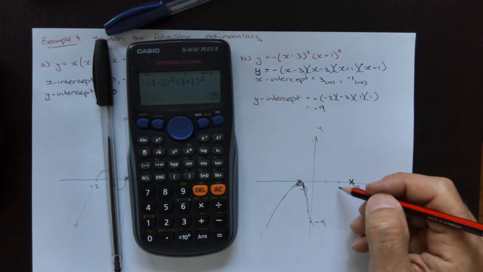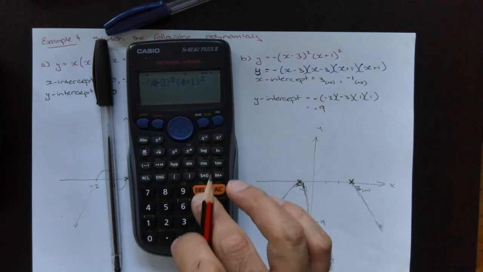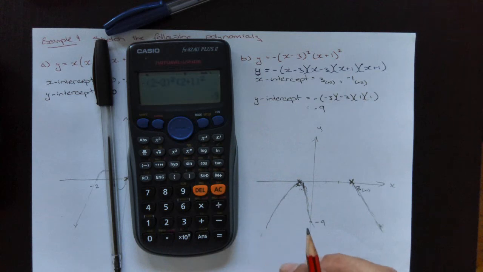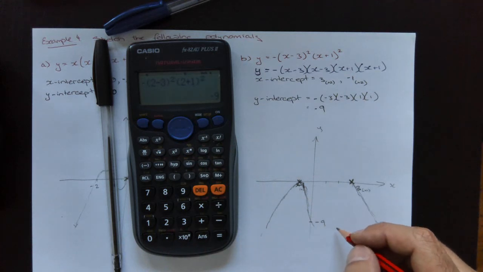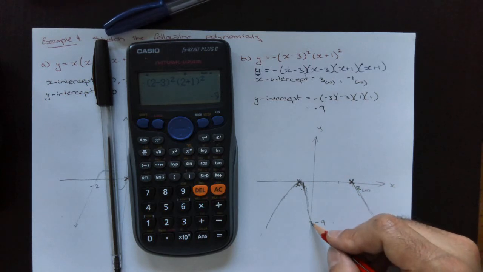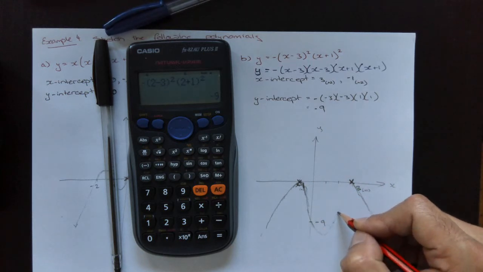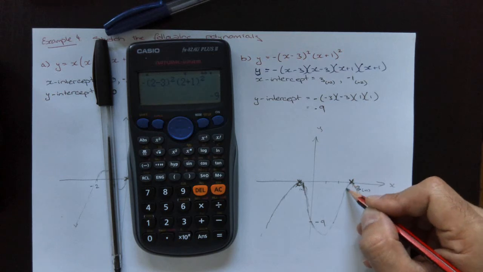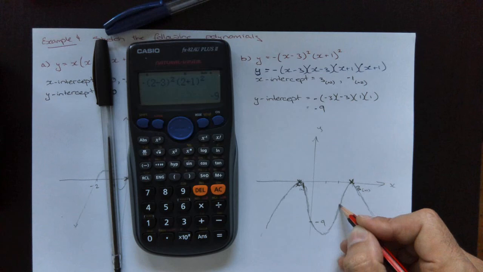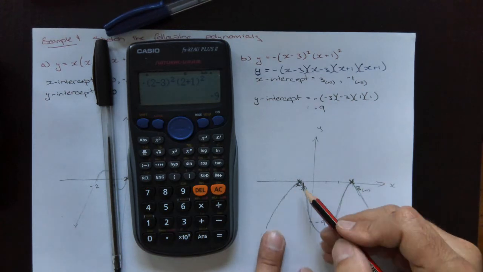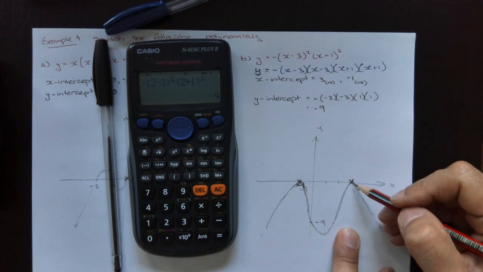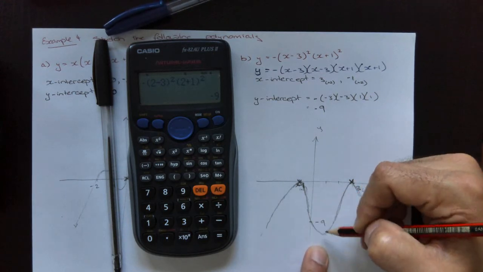Let's plug in, let's say 2. We get -9, which is the same as the y-intercept. So we get this kind of function. It bounces at -1, and it bounces off at 3 and cuts the y at -9.